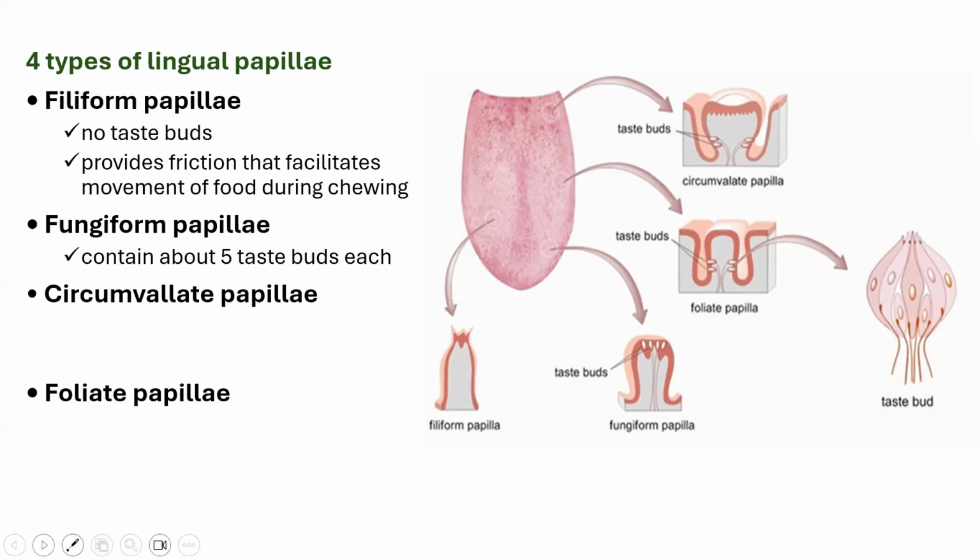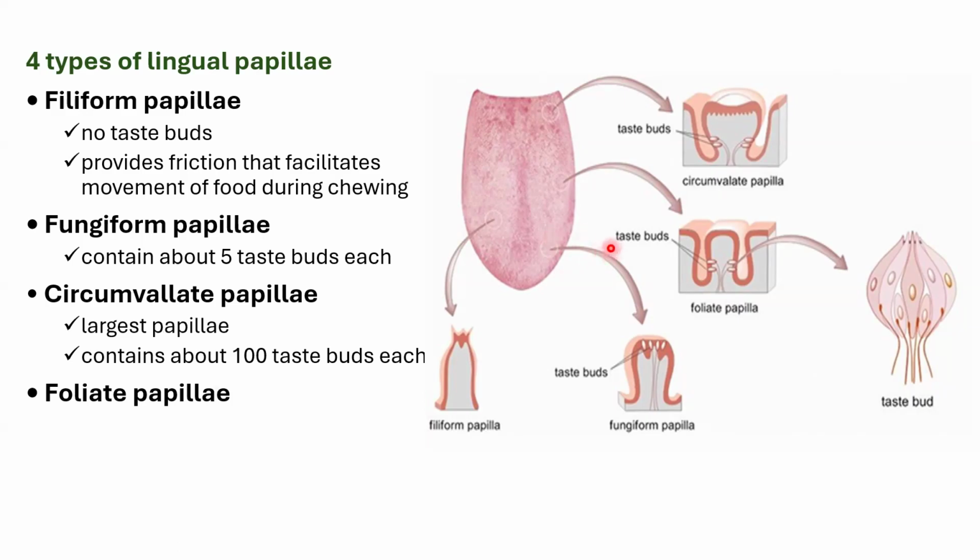Then another point to appreciate is that the circumvallate papillae, which lie just anterior to this sulcus terminalis, are the largest papillae. There are about 10 of them in number, and they will contain about 100 taste buds each. So that is the circumvallate papillae, and it will contain taste buds.